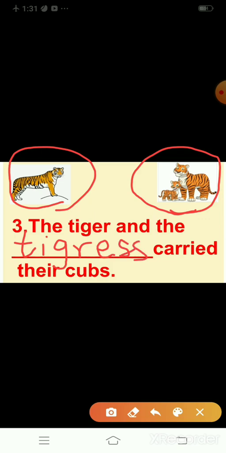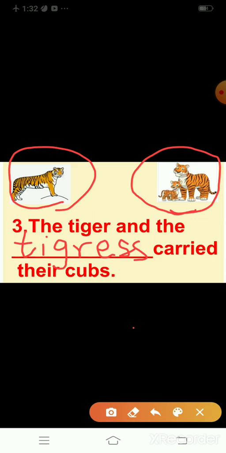Tigress. Let us repeat the sentence one more time. The tiger and the tigress carried their cubs.